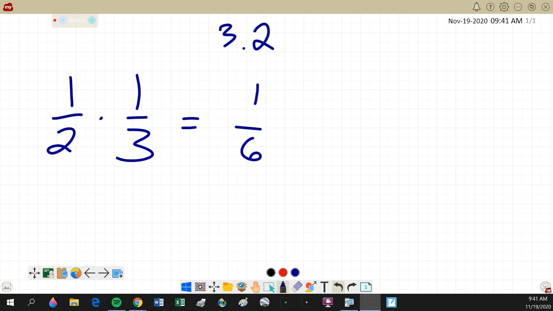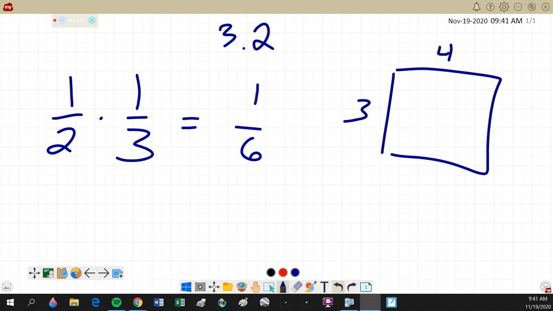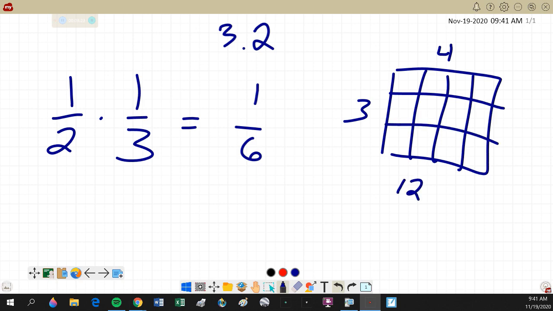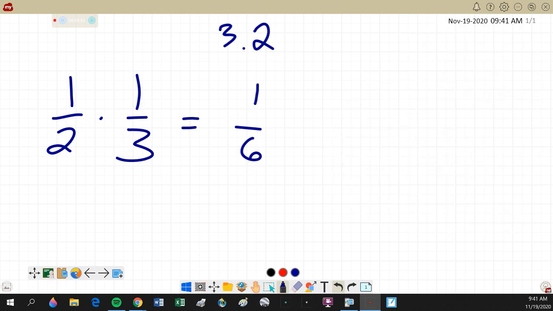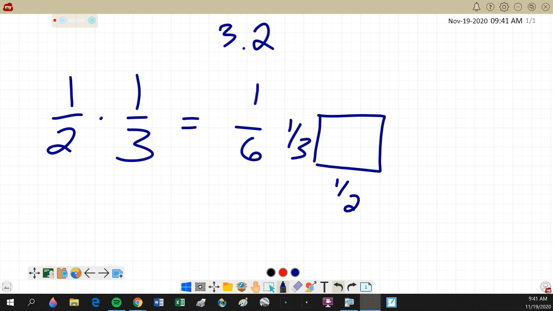So if I had a fence that was 4 by 3, then we end up with 12, let's say these are feet squared. Okay? Well, what if I multiply something that is 1/2 times 1/3?